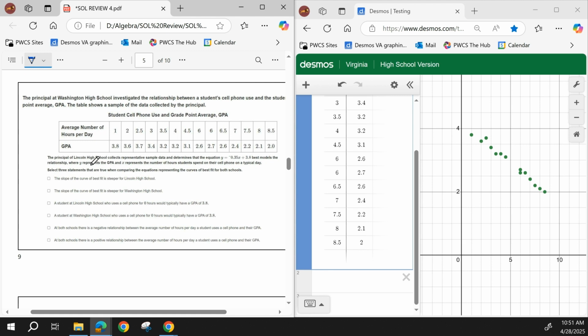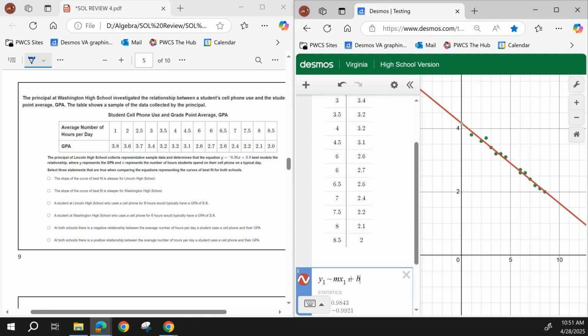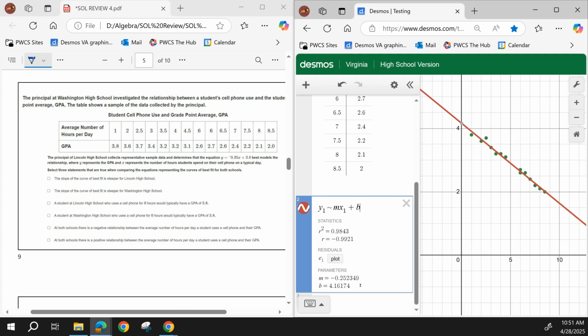So we are going to want to calculate the line of best fit here. So let's type in y1 squiggly mx1 plus b. And we can get a slope and an intercept. We want to select the options that compare our slope and intercept from our line and then the slope and the intercept from this other school.